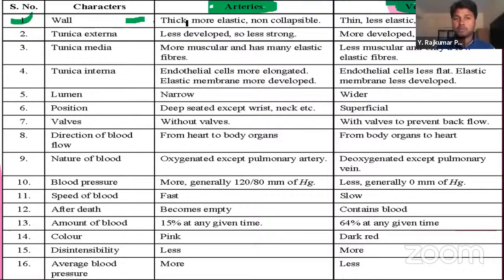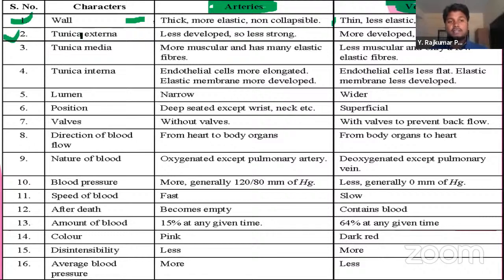Wall: the artery walls are thick, more elastic and non-collapsible. Okay, they are thick. Since they are so thick, they cannot be folded, non-collapsible. But vein walls are thin, less elastic, and collapsible. They can be folded and they get back to the normal position.